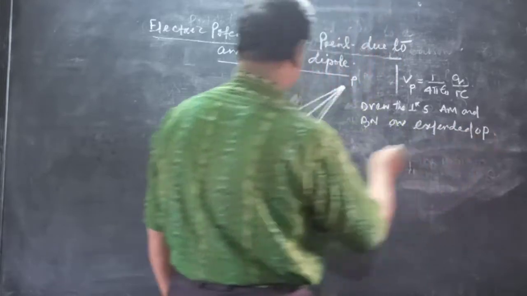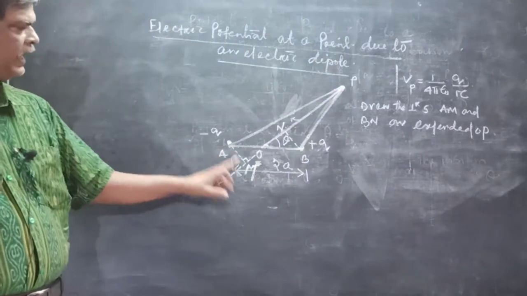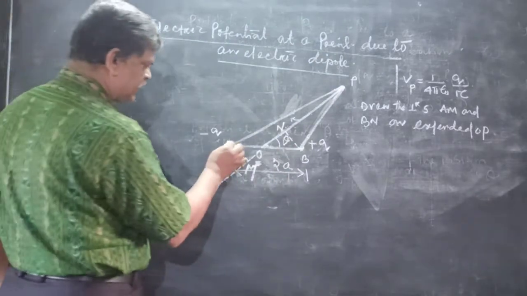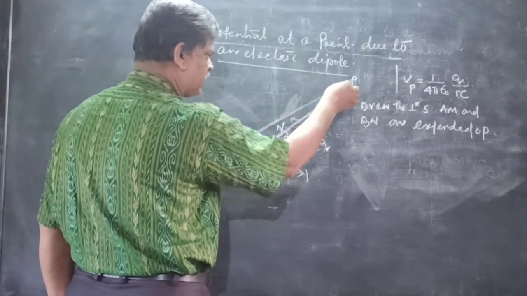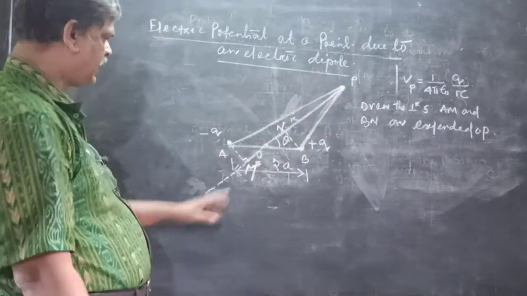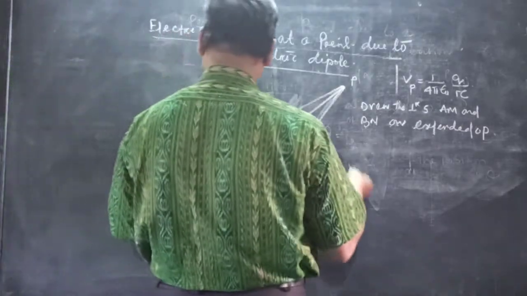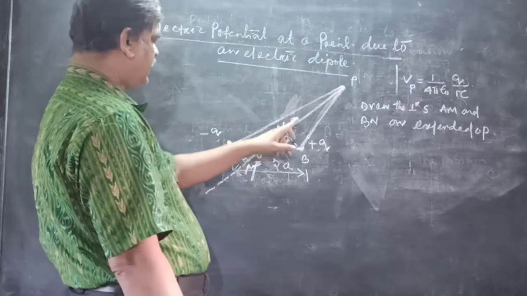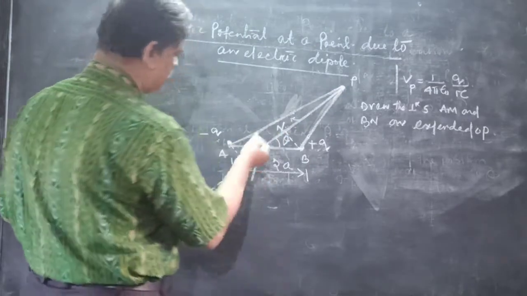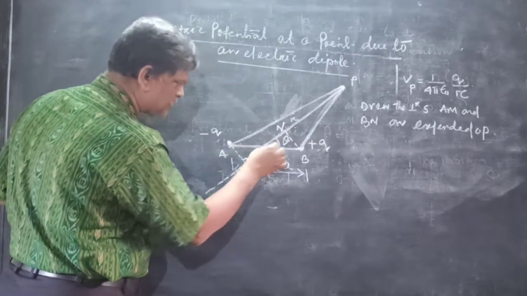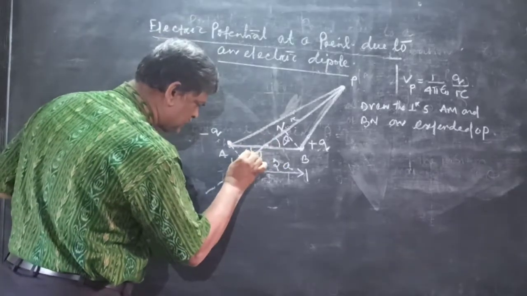Clear? So on the extended OP, we drop the perpendiculars AM and BN. Now AP is equal to this. In triangle APM, suppose this angle is theta.